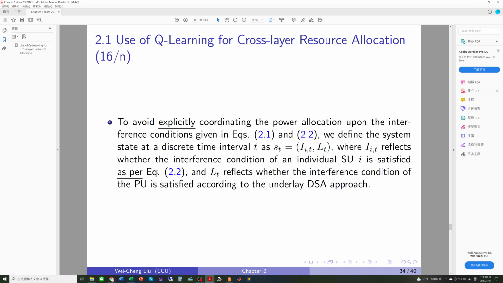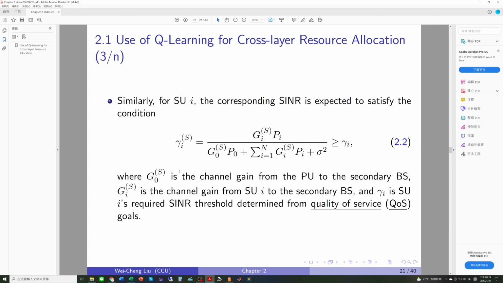As per equation 2.2, the corresponding SINR for secondary user I is expected to satisfy the condition that gamma is equal to this equation and is greater than or equal to secondary user I's required SINR threshold, determined from quality of service (QoS) goals.